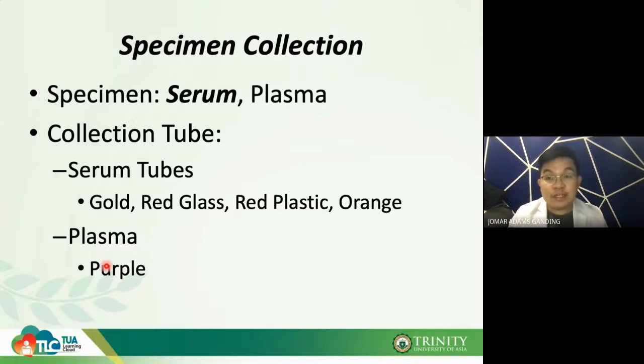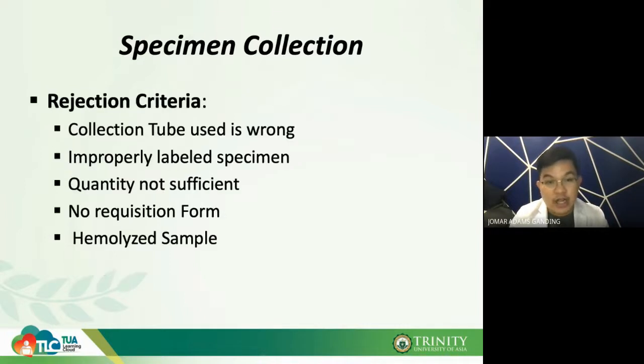Now, as for specimen collection, more specifically the rejection criteria, please do remember the following. Collection tube used was wrong. If you use a light blue top, a gray top, or a yellow top tube, that will be rejected.